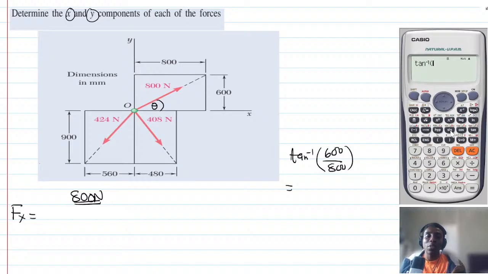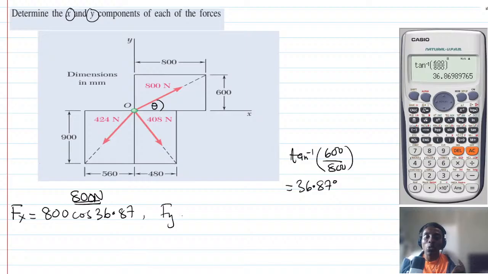And that's going to be 600 divided by 800, 36.9, or let's say 36.87. So the x component is going to be 800 cosine 36.87, and the y component is going to be what? 800 sine 36.87. That's all.